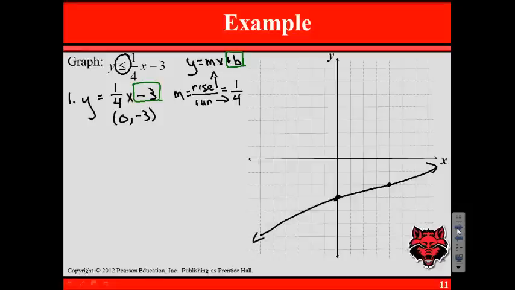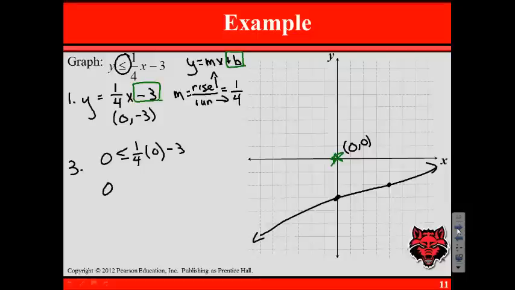Just like before, we choose a test point, and when available, I like to choose the test point 0, 0. So we substitute those coordinates into the original inequality, and we continue to solve.